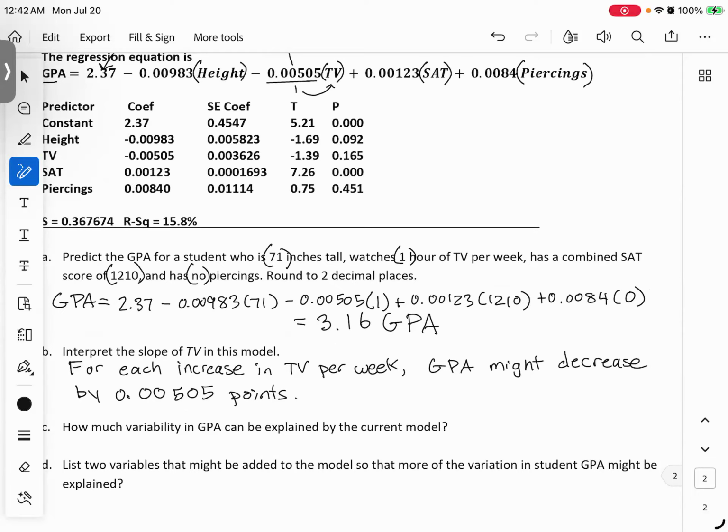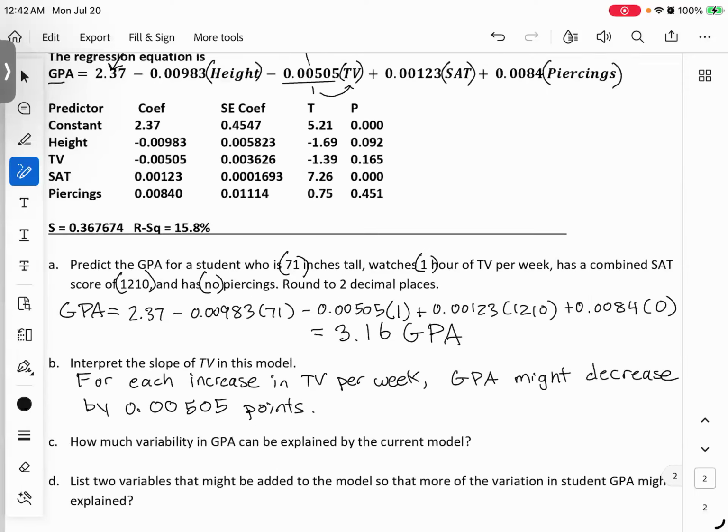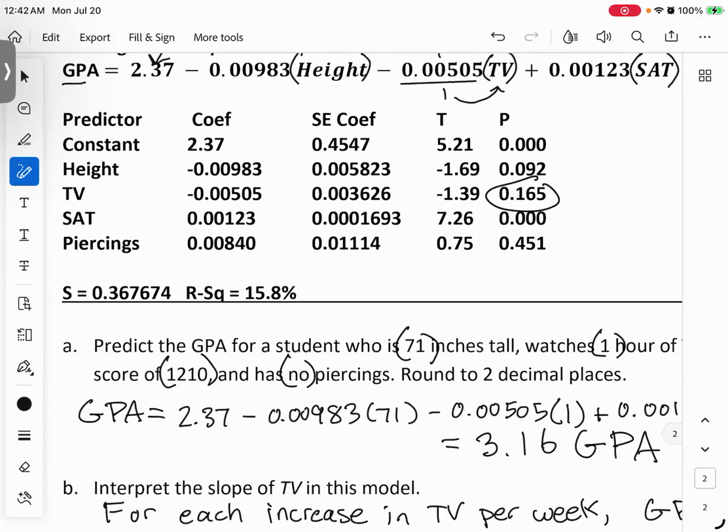So in other words, there's a negative association. And the p-value for that one, however, is 0.165. So maybe not, it's not significant. So that may have just possibly been a fluke.